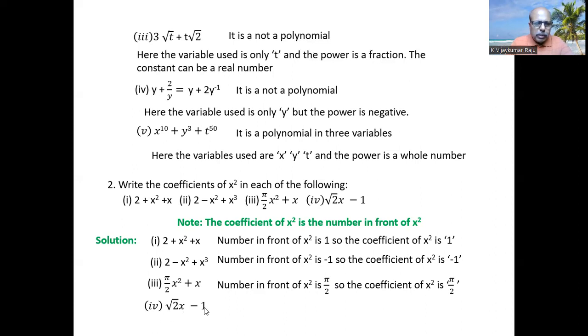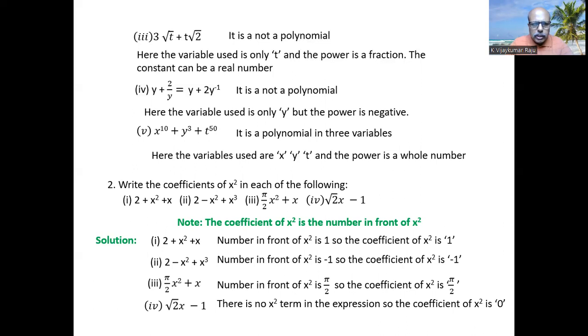Root 2x minus 1. Now, here the coefficient of x square is asked. Here there is no x square term at all. So when there is no x square term, we can presume that the number in front of x square is 0. Therefore, 0 into x square is 0.